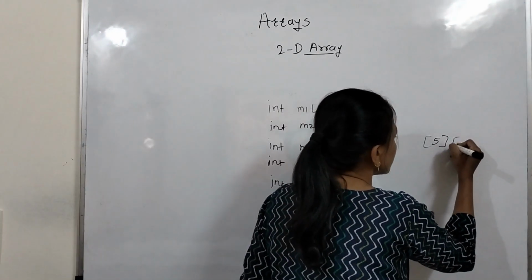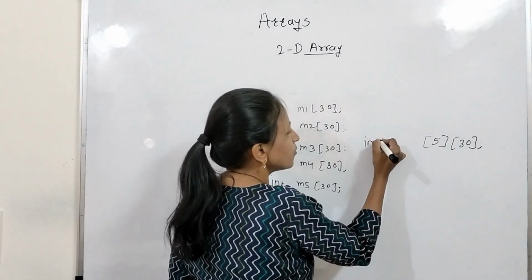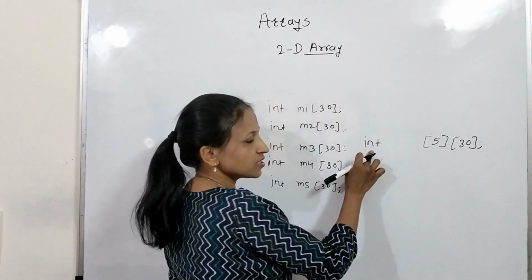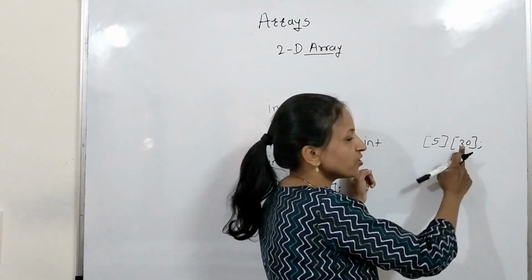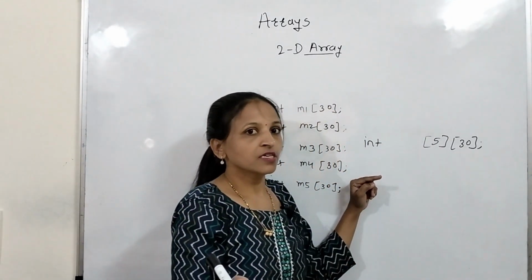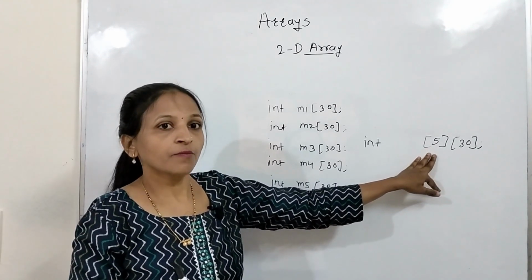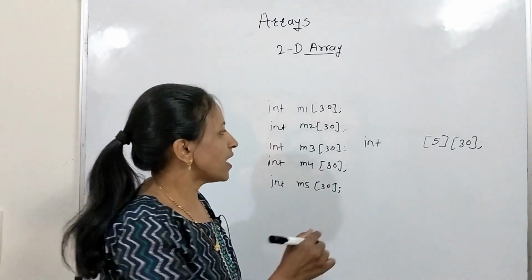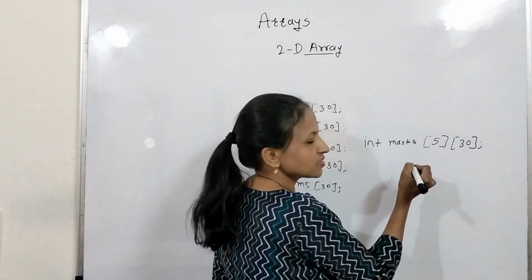That's why for the second dimension I will write 30, and the data type of that individual array is integer. This one is an integer array of size 30, and we are creating 5 such arrays here. 5 elements are there in it, and we can give it a name like marks.